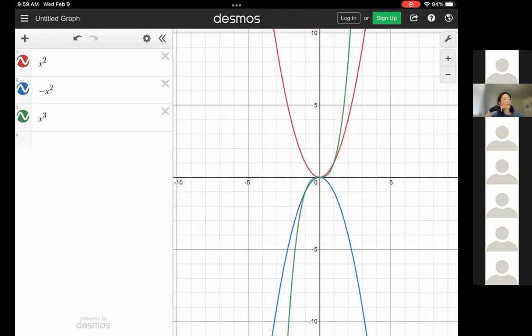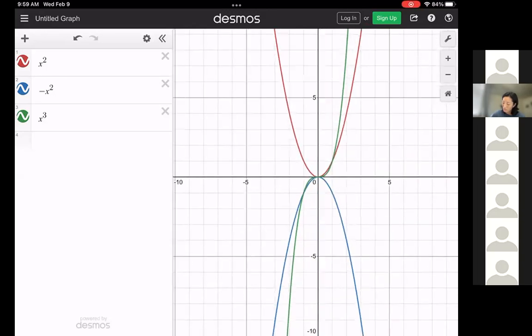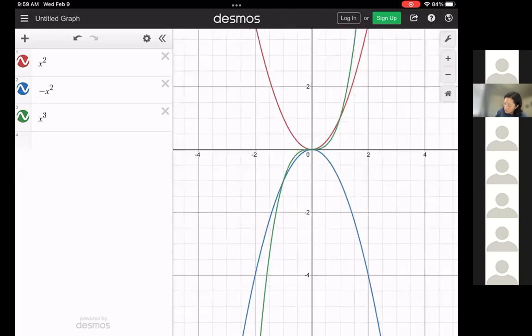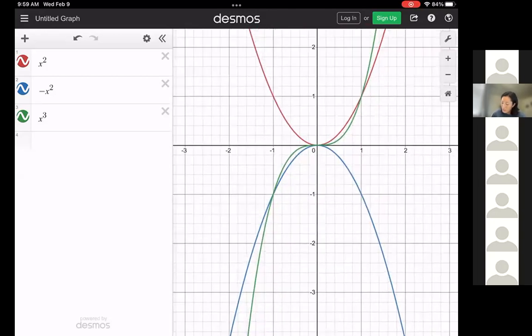Now, earlier I said that the g of x, the filling, should always be in between my h of x and my f of x. But if I look here, is that green curve always between the blue one and the red one?